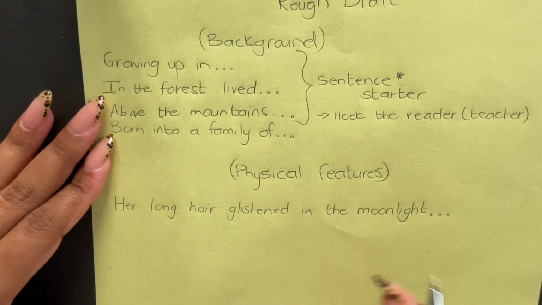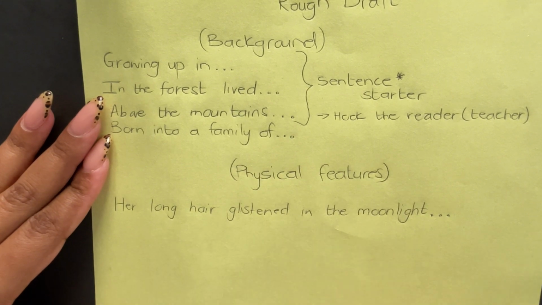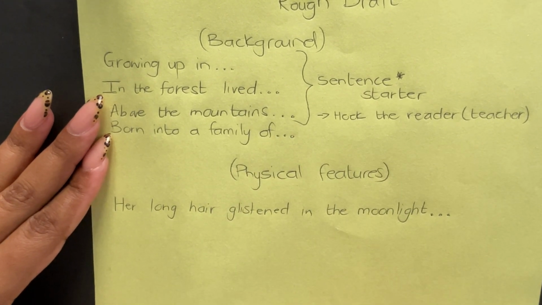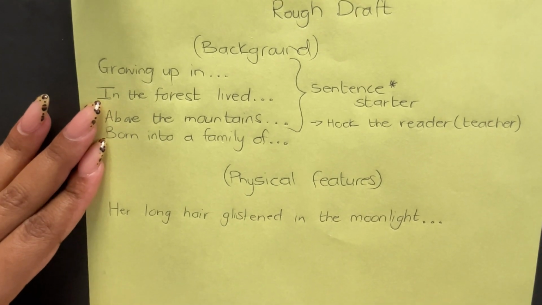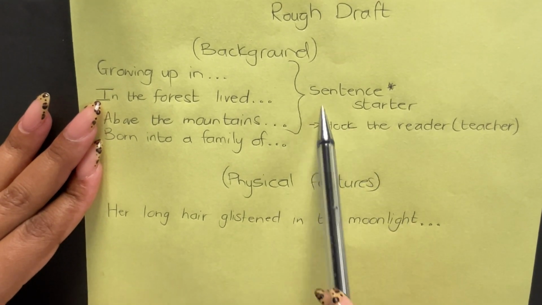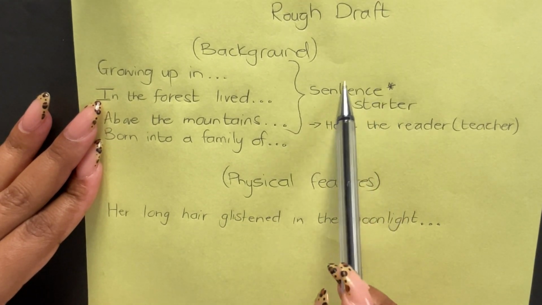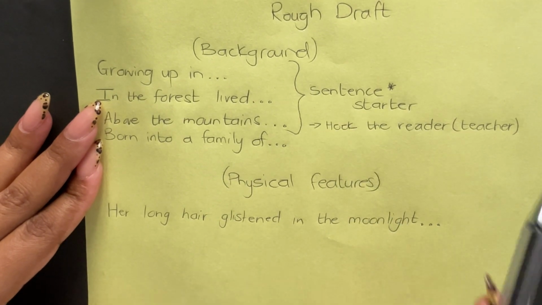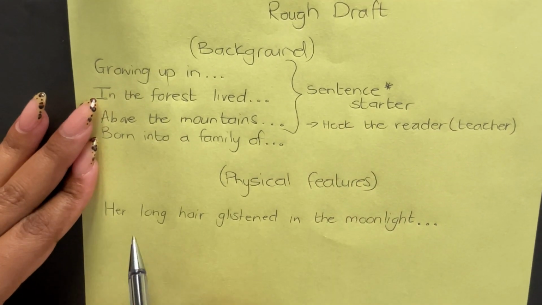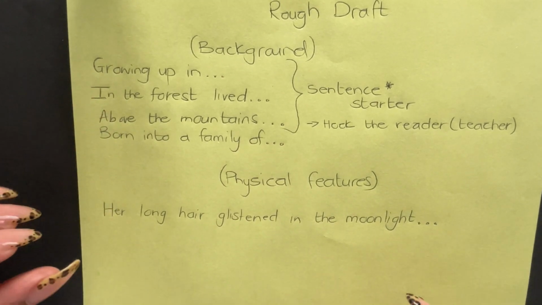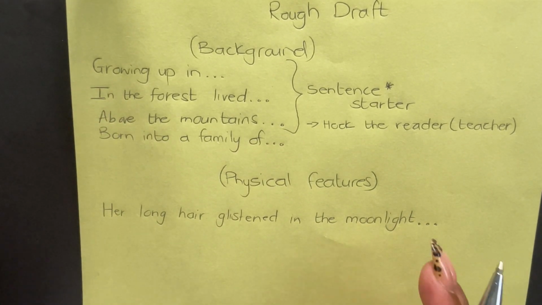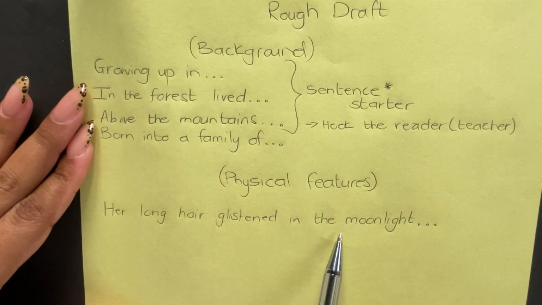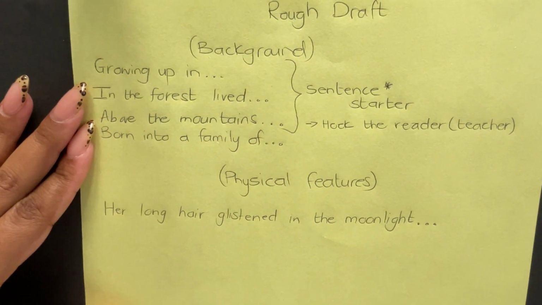Okay, my steppers, now we get to the second paragraph, which is the physical features of your character. Now, remember, once again, you need to come up with good sentence starters for each and every paragraph. I have just written this one, but I want us to look closer at the sentence. Her long hair glistened in the moonlight.